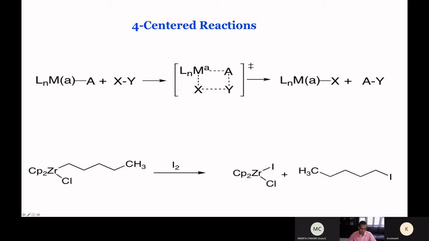Now zirconium is in the +4 oxidation state here: 1 minus, 1 minus, 1 minus, 1 minus. Total 2 minus, another minus, 3 minus, and 4 minus. This total 4 minus unit is reacting with iodine to give you, as you can see, a changed partner. Iodine means 2 iodine atoms were there.